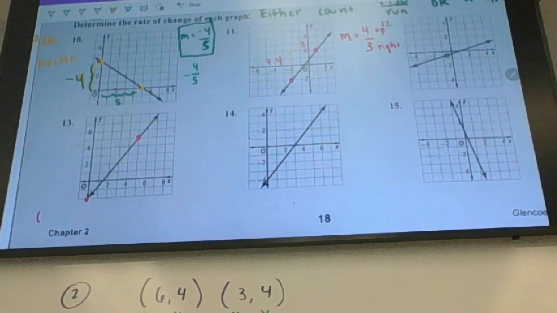So I'm taking (0, -2) and (5, 5). 1, 2, 3, 4, 5, 6, 7. 1, 2, 3, 4, 5.